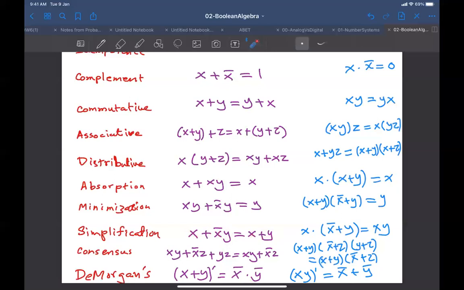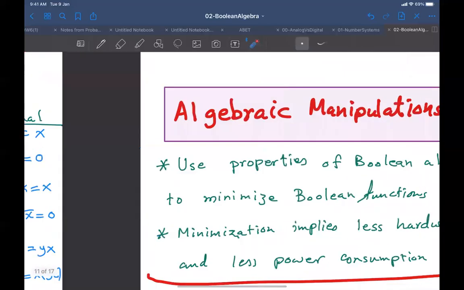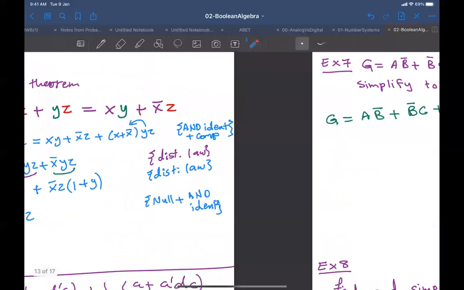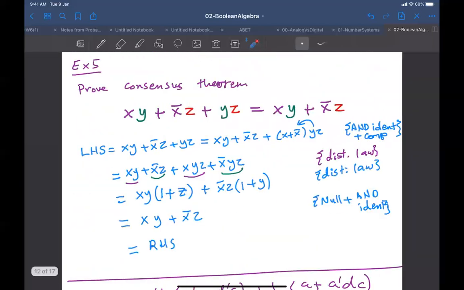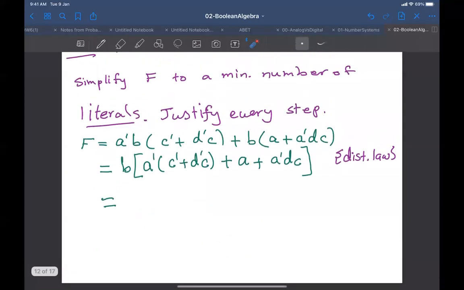So in the expression here, we have C complement ORed with C D complement. Which one do we get rid of? C. C, excellent. This C goes away. All right. So B, A complement, C complement or D complement.